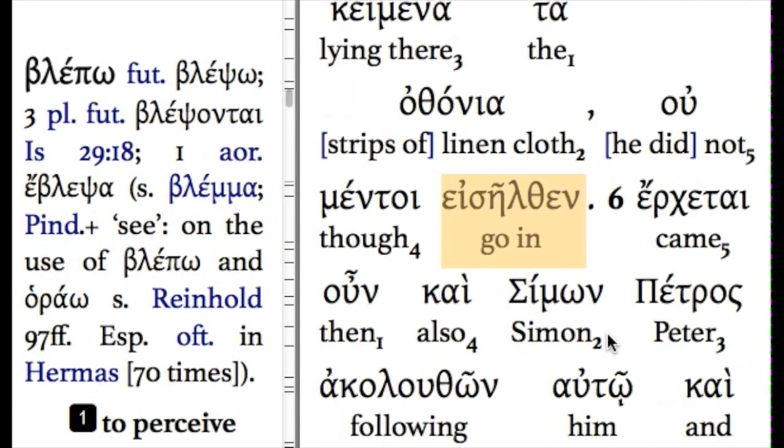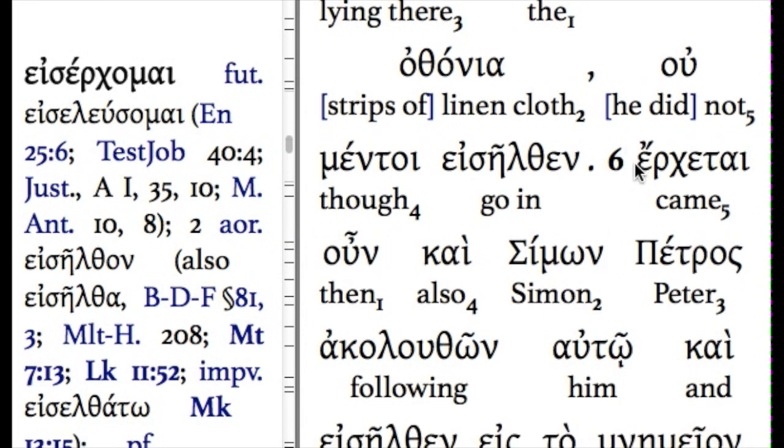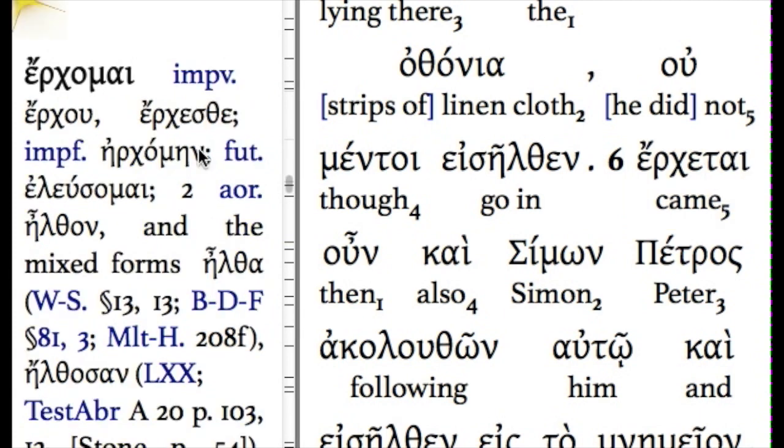There we go again, eiselthen from eiserchomai, right? Okay, eiselthen, he didn't go in. And here we go, erchetai, he comes. So erchomai, are you about to believe me that erchomai and elthon are important verbs to know?